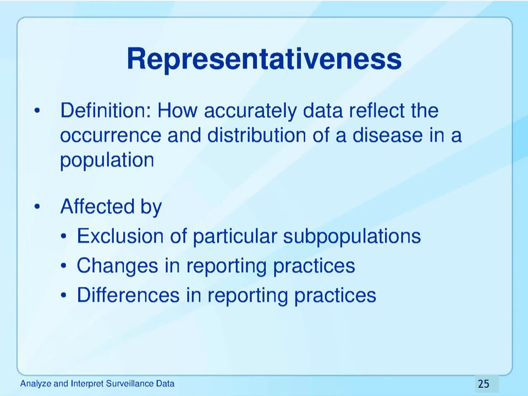So, two extremes there. Collecting data from a variety of sources can help improve representativeness. If we want to look at diabetics and all we do is collect hospital data, then we're missing a whole chunk of the population in the community that may also be diabetic or may have risk factors for diabetes, but we only collected from the hospital. So we don't have a true representation of the problem in the community.